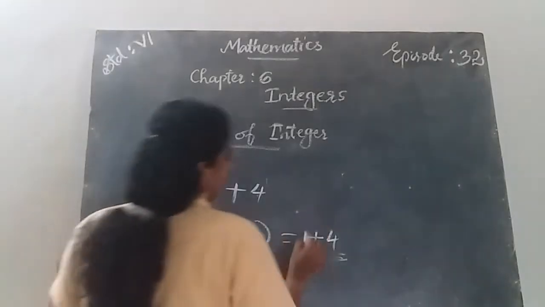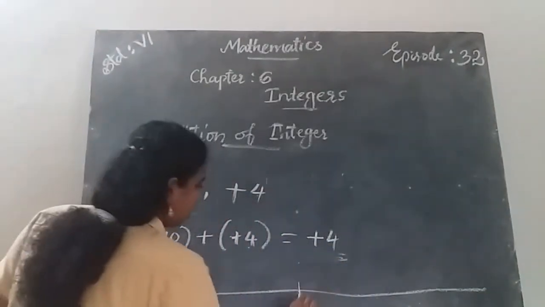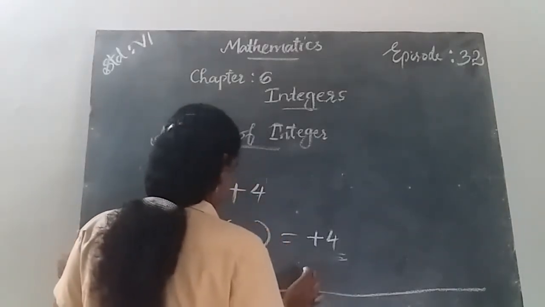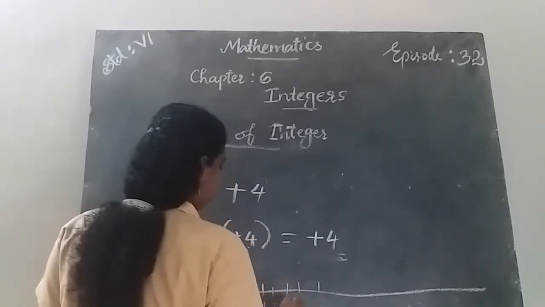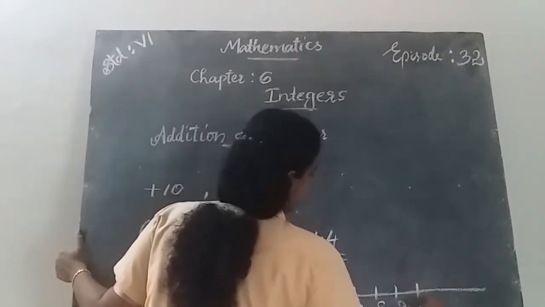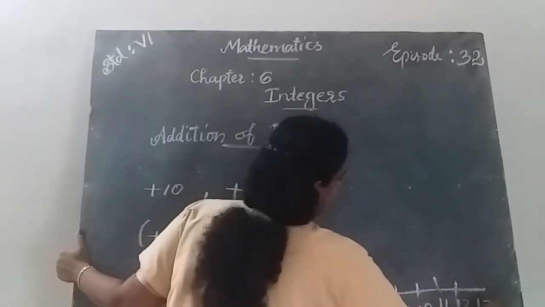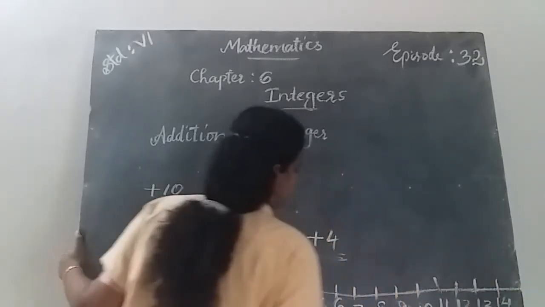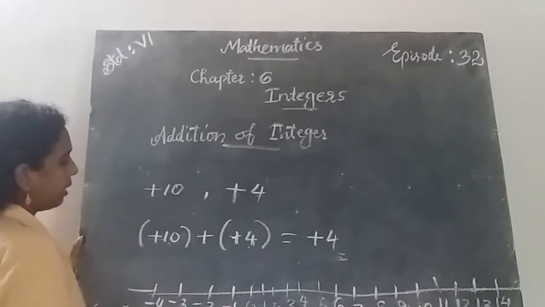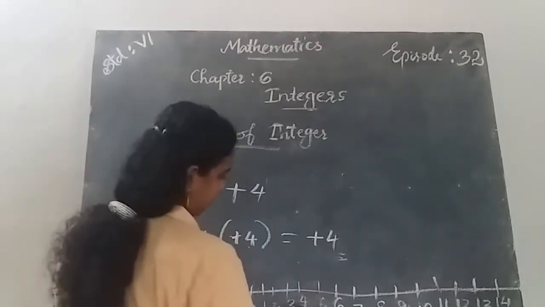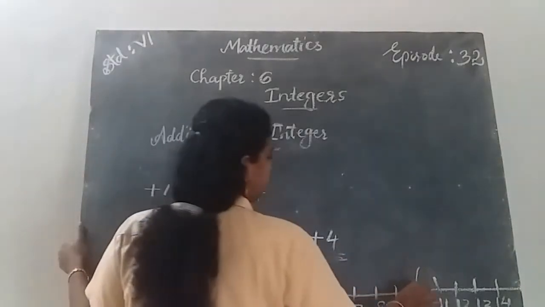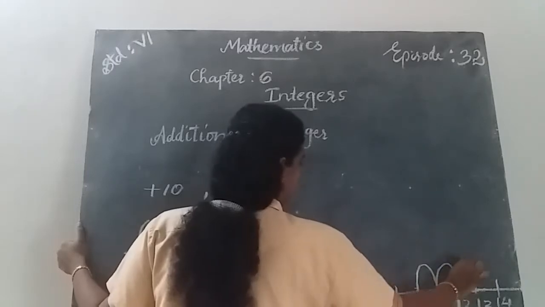Or if we draw a number line and mark the points 0, 1, 2, up to 14, we start from 10 and move 4 steps to the right: 1, 2, 3, 4.